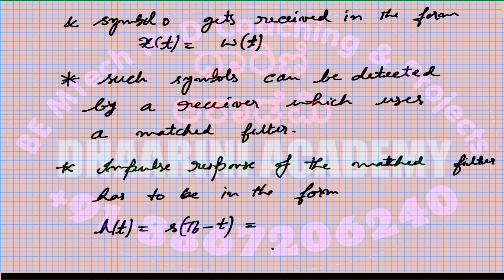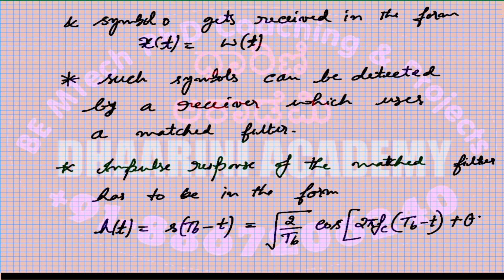So this becomes equal to root of 2 by TB into cos of 2 pi fc, instead of t I am writing TB minus t, plus the change in the phase, plus theta.